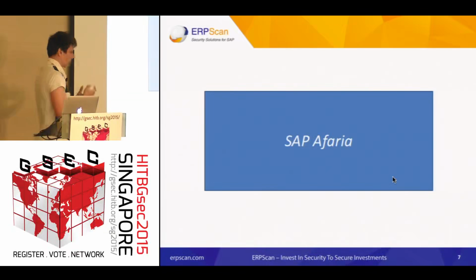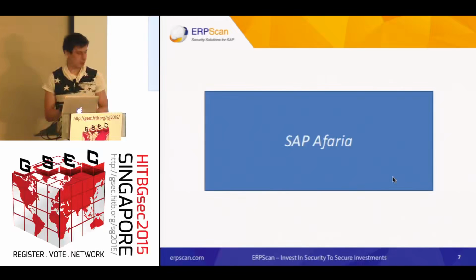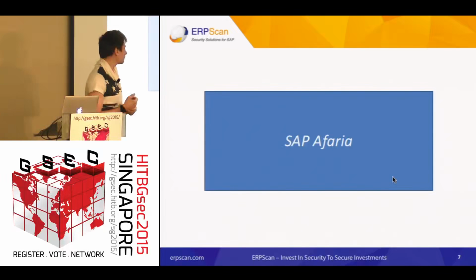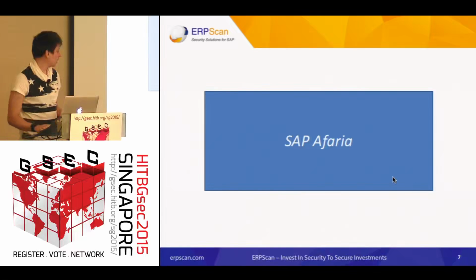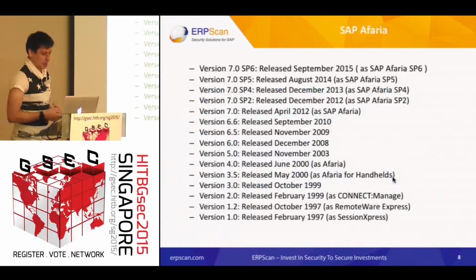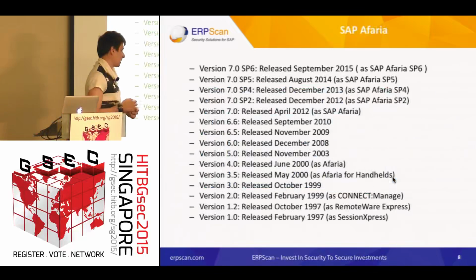And of course, SAP company has an MDM solution. It's SAP Afaria, and today I will tell you about security in SAP Afaria. SAP Afaria was released in 1997 by the company Session Express.